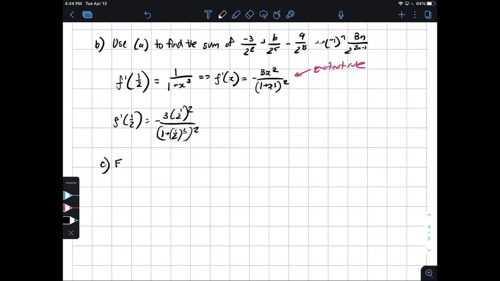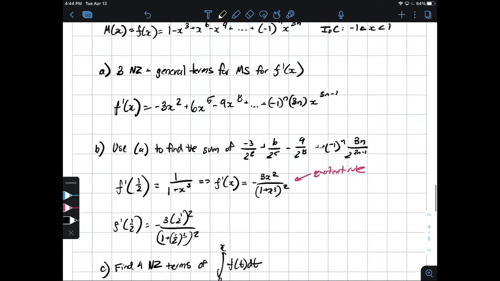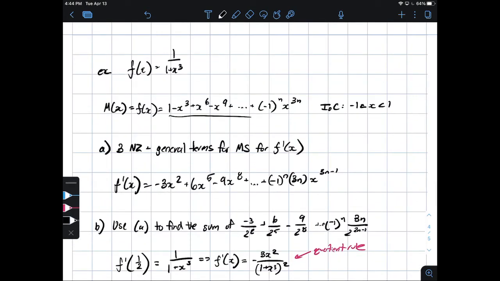So now we want to find four non-zero terms of the integral from 0 to x of f of t dt. Just like we differentiated the terms earlier, now we're going to integrate them. We want to integrate every single term of this series.